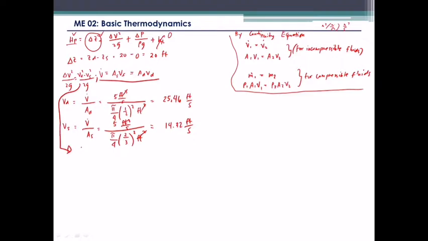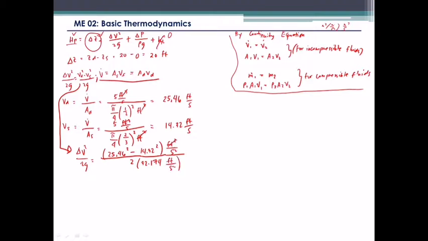So that, we substitute in the formula. Delta V squared over 2g is equal to VD, 25.46 squared, minus 14.32 squared, over 2 times 32.174 feet per second squared.